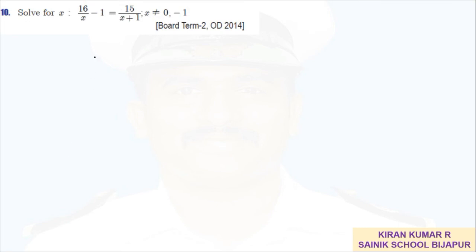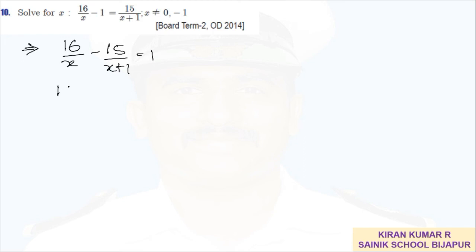Question 10. 16 by x minus 15 upon x plus 1 minus 1 equal to 0. Here I'll take variables towards one side, constant towards the other side, and then try to simplify. So 16 by x minus 15 by x plus 1 equal to 1.